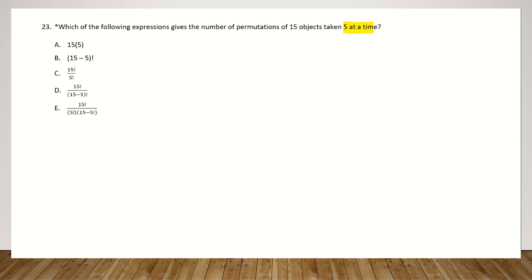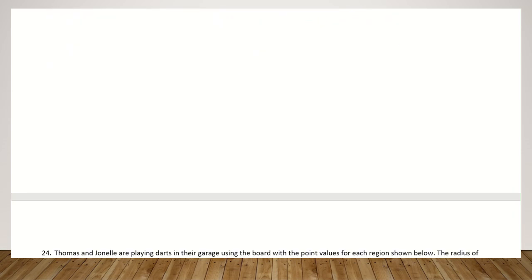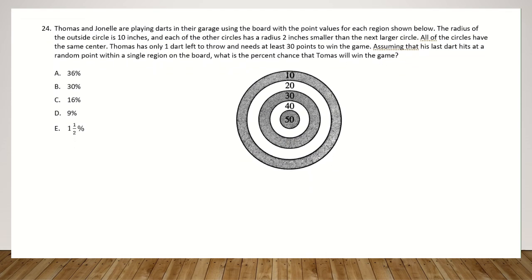So the formula for this, for n objects taken r at a time, is n factorial over n minus r factorial. So in this case, it would be d, 15 factorial over 15 minus 5 factorial. Okay.